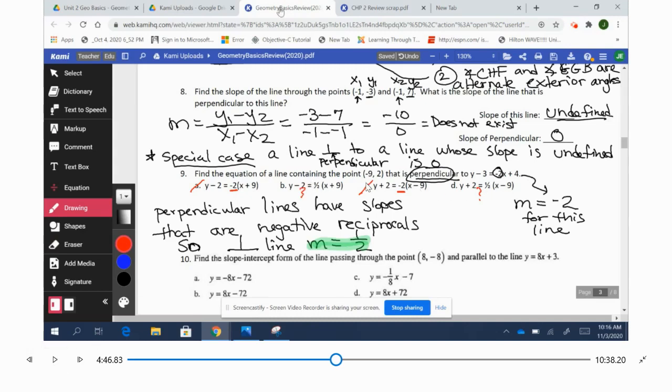So now it's going to come down to the point-slope formula. Okay, to go through the point -9, 2, it's going to need x plus 9 and y minus 2. So that's your point-slope format. Okay, so it's +9 with the x, subtract 2 next to the y. So we'll be working on that.